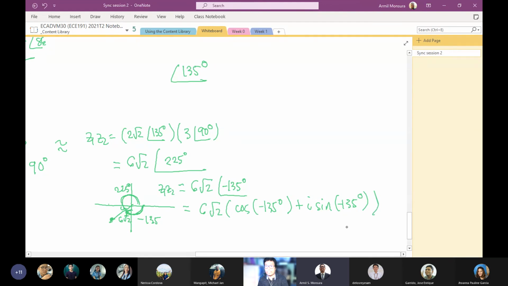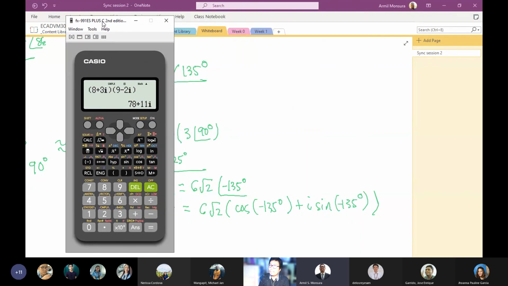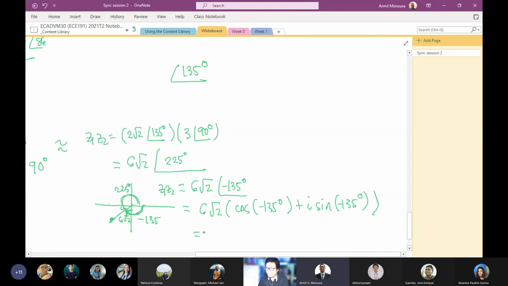Or in the calculator, we can evaluate that as 6 square root of 2, I'm in degrees mode, times cosine of negative 135 degrees plus i sine negative 135 degrees. So that is located at negative 6 minus 6i.